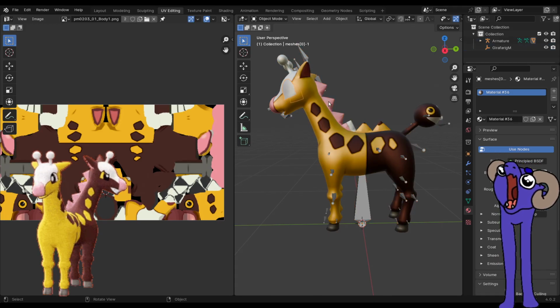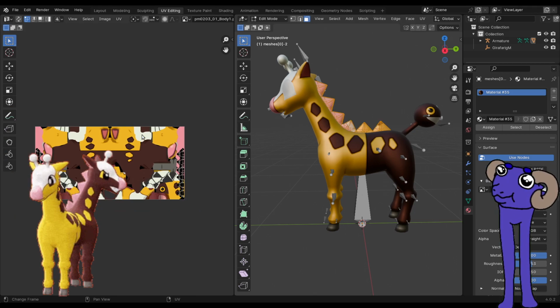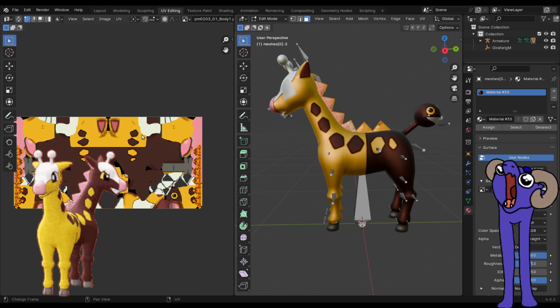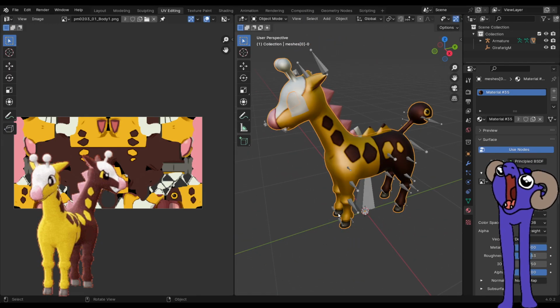Okay, so we want to also swap this to be upside down. So, oh yeah, rotate 180. Did that fix it? No. Wait, so this one could be fixed by being... Oh, I know why.